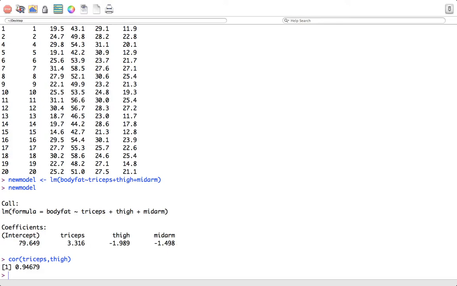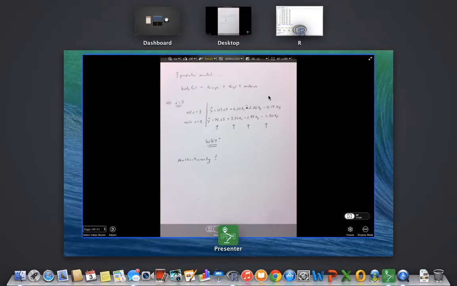This is a lack of independence. Triceps and thigh contain much of the same measurement. So guys, they're giving me extreme multicollinearity problems and headaches because I've got two variables in my model that are essentially giving me the same information.